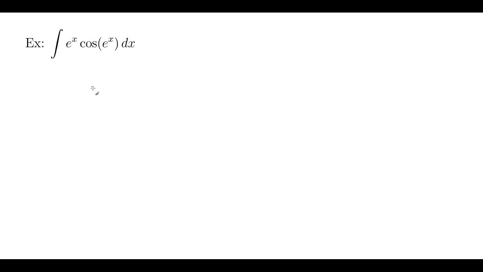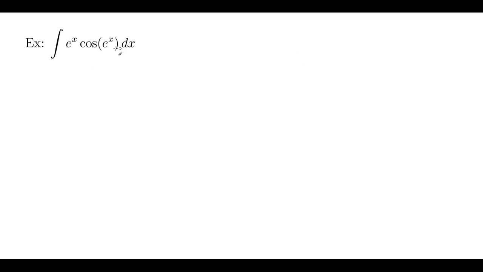And the other place is when we see a function and its derivative floating around. So we have cosine, its derivative is sine, we don't see that anywhere. But we also have an e to the x that shows up twice. And the derivative of e to the x is itself, so we have a function and its derivative. So both of those are checked off here. So this looks very promising for a substitution problem.